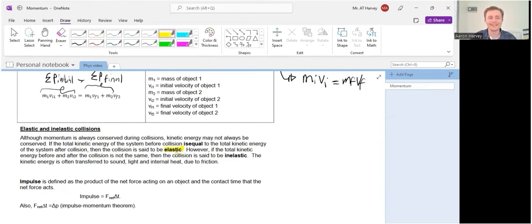If our collision is elastic, that is when the total kinetic energy is equal. The kinetic energy of the system before the collision is equal to the kinetic energy of the system after the collision. The collision is said to be elastic. However, if they are not the same, the collision is said to be inelastic.